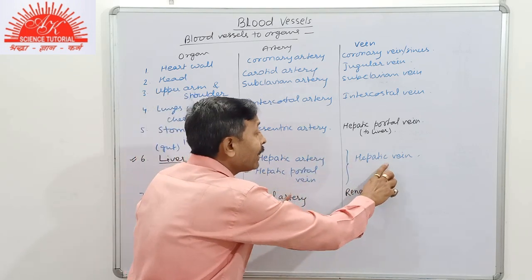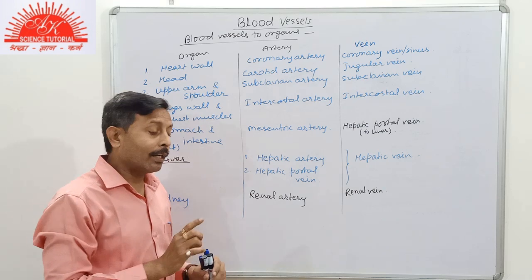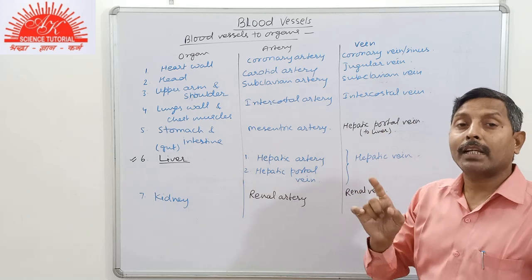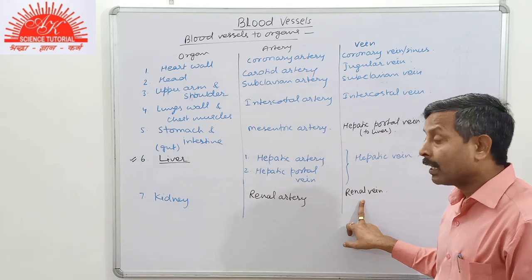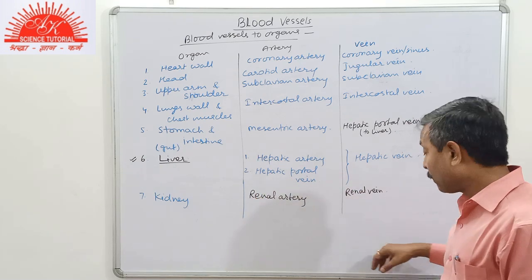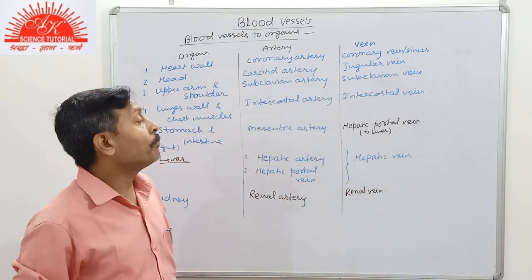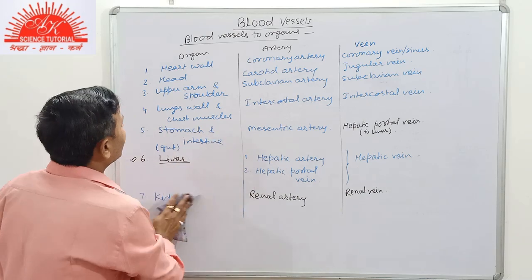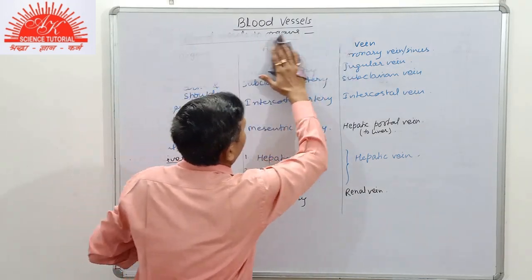So hepatic vein will carry maximum urea from there. And if the question is asked that name the blood vessel which carries minimum urea, then it will be renal vein, because in the kidney filtration of blood takes place. So after filtration, the blood coming out of it will contain minimum urea. Clear, student? So this type of many questions will be asked and you can easily answer them.